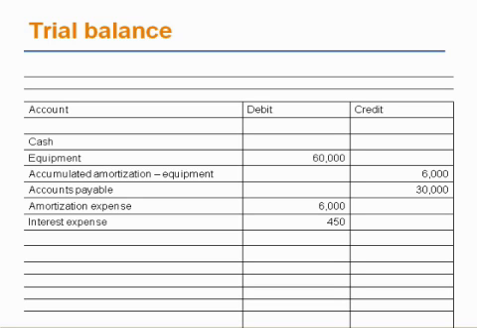Under our accumulated amortization equipment, we had a total amount of $6,000. We had a posting sum of $60,000 less $15,000 plus $450 less $15,450 gives a total sum of $30,000 for accounts payable, which is on the credit balance side. For amortization expense, we had a total of $6,000 and interest expense of $450.